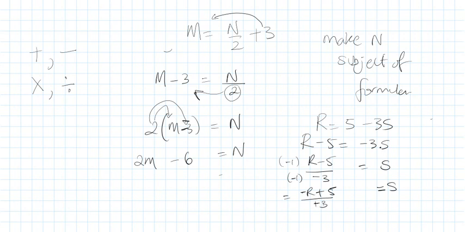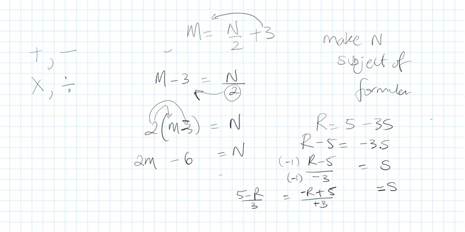And -r plus 5 can be written as 5 minus r divided by 3. It just makes the equation look nicer, but actually you could stop over here where you have r minus 5 divided by negative 3.